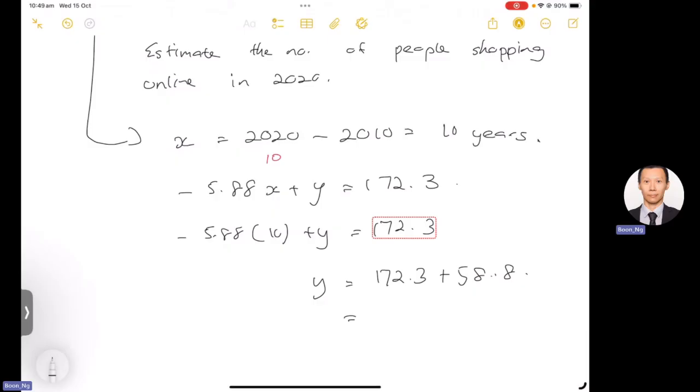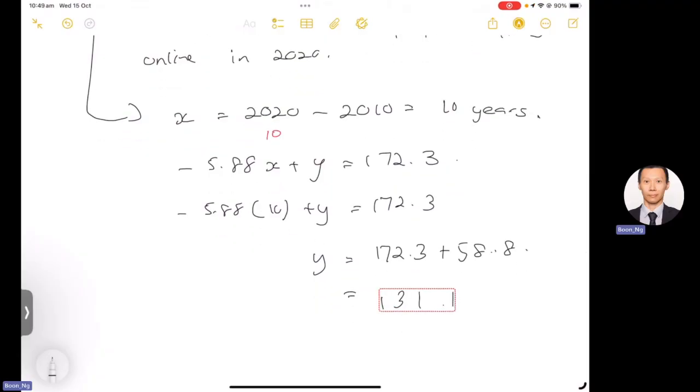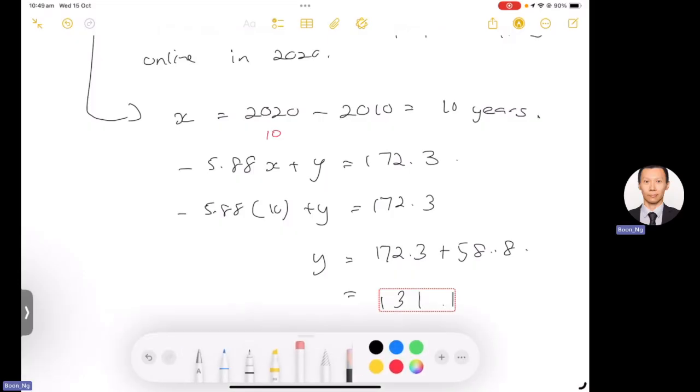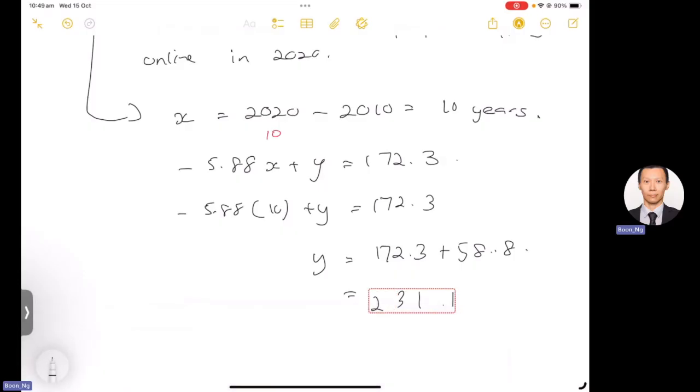It should be 2, sorry. 231.1 million online shoppers in 2020.